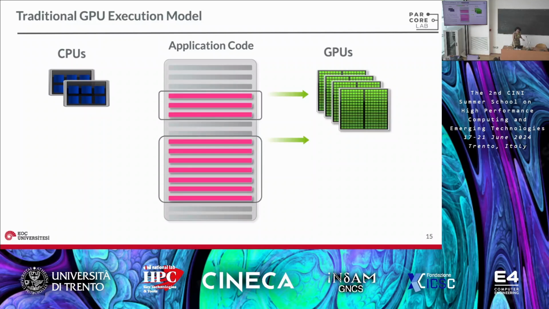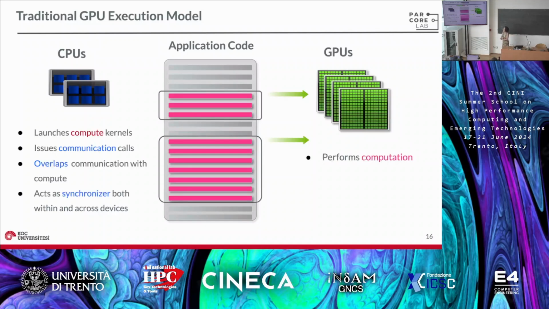In the traditional execution, the CPU is responsible for launching compute kernels, issuing communication calls, overlapping communication with computation, and acting as a synchronizer, both within and across devices. And the GPU is just responsible for computation.